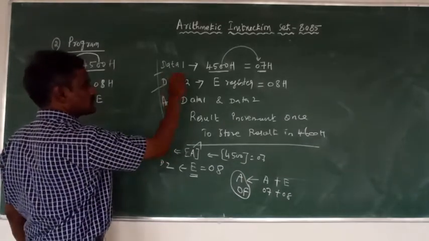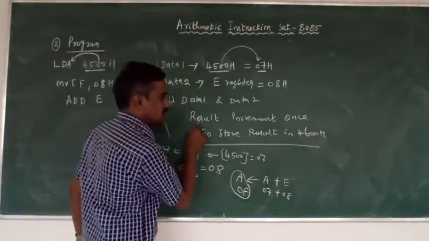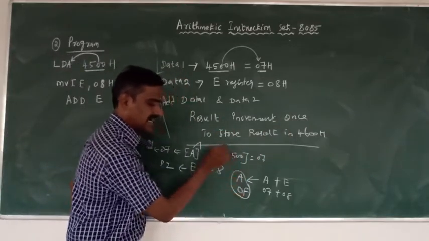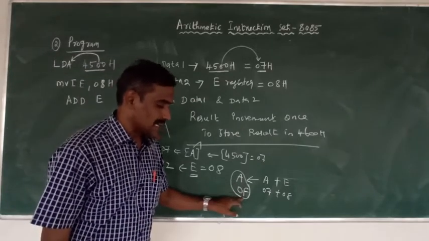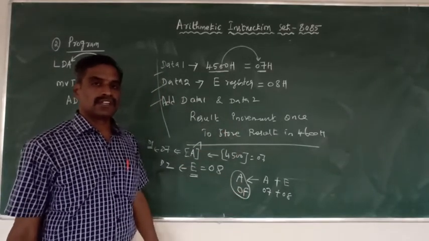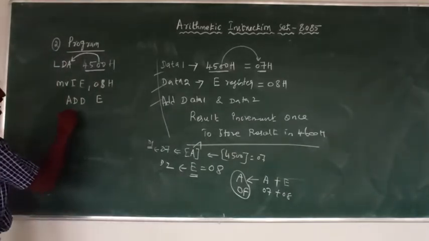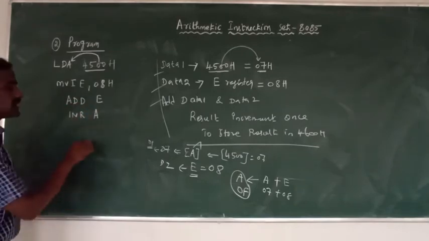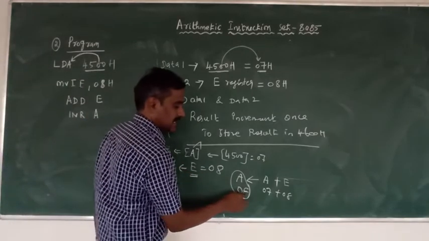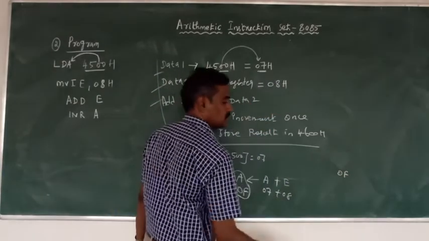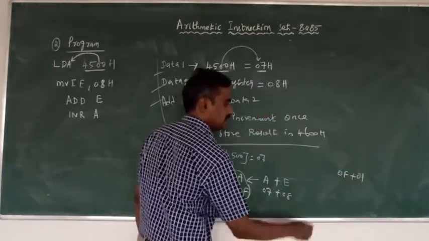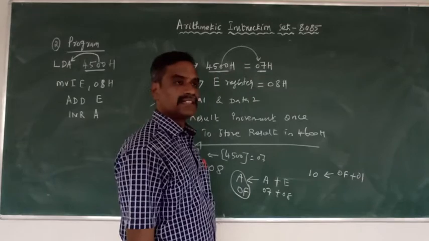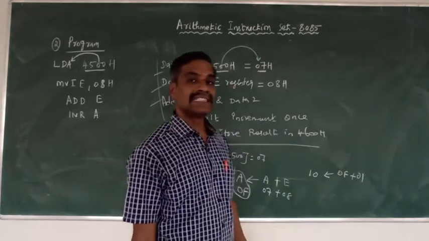Okay, this one is over. Result increment once. The result is available in the A register, and we have to increment the A register data a single time. For that we can use the INR A instruction. It increments the A register content. To the 0F data we add 01. 0F means 15 in decimal, 15 plus 1 is 16 in decimal.